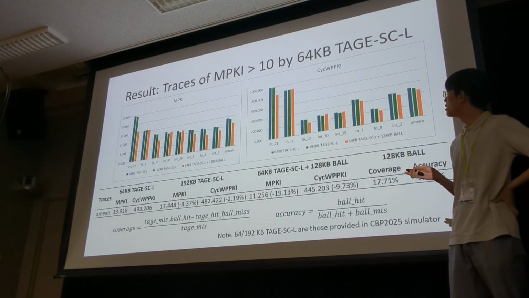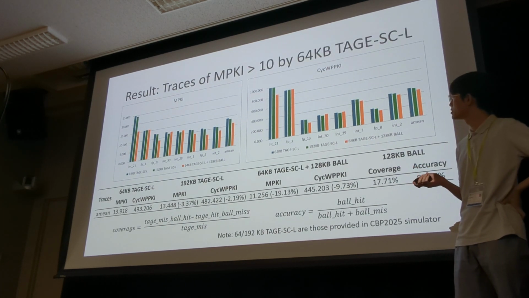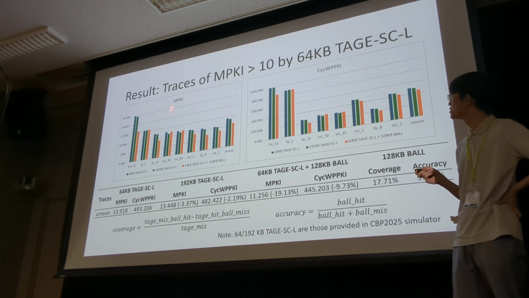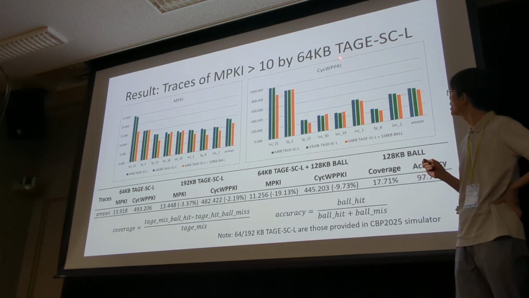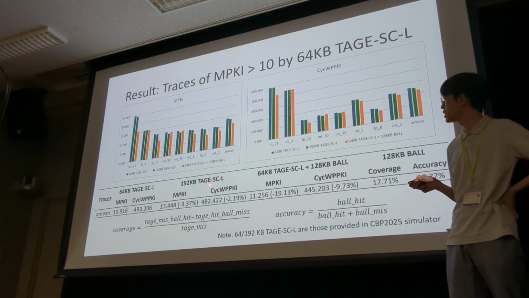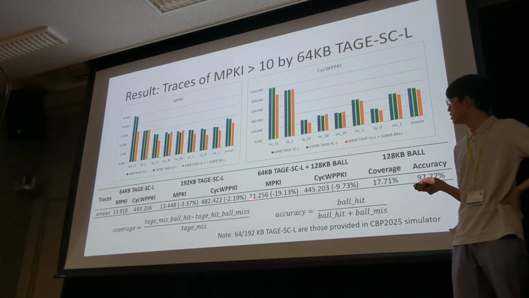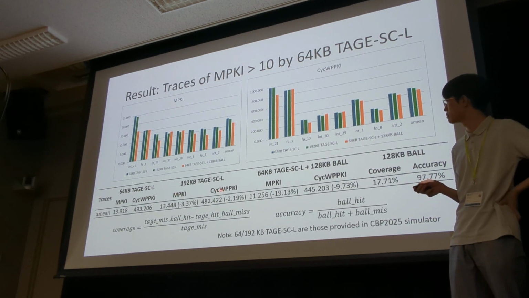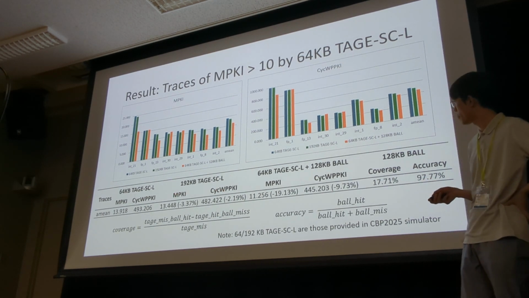The second result only considers traces with MPKI larger than 10 on the 64 kilobyte TAGE. The combined TAGE and branch predictor shows more improvement than the same area budget TAGE-SC-L: 16% more improvement on MPKI and 7% more improvement on cycle run pass.